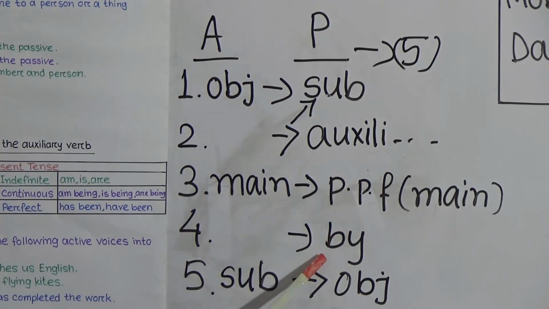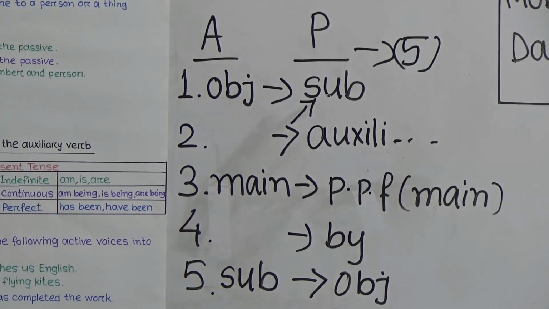Then you have to use by as a preposition. Then you have to take the subject from active voice and write the object form in passive voice. So these are the 5 rules of active to passive voice. If you remember this, it will be easy for you.